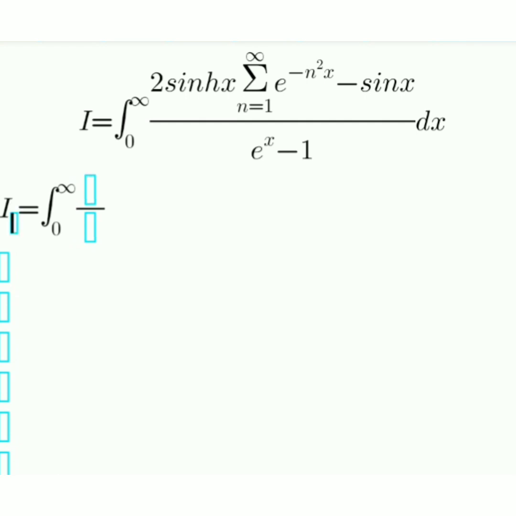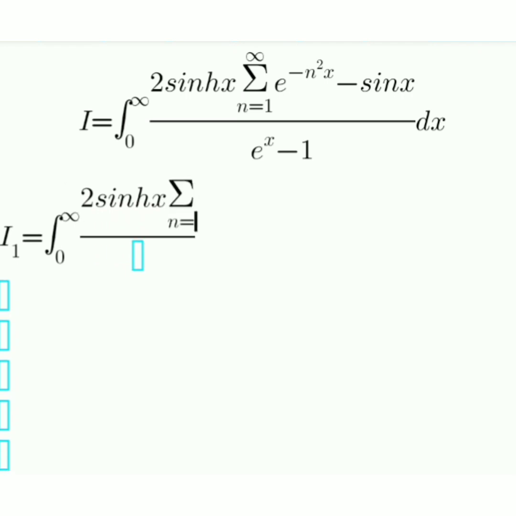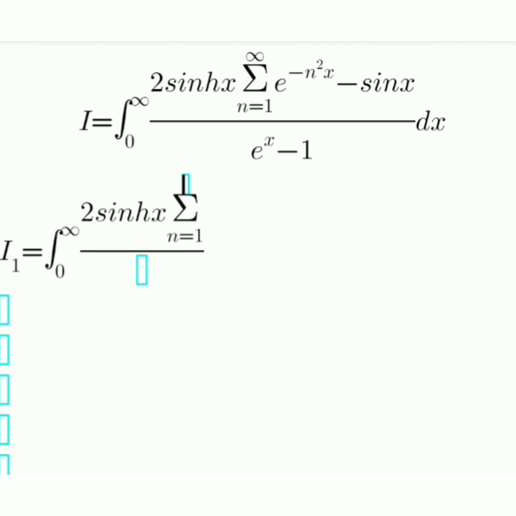I take I1 equals the integral from 0 to infinity of 2 sinh x, summation n equals 1 to infinity, e to the power minus n square x, divided by e to the power x minus 1, dx.